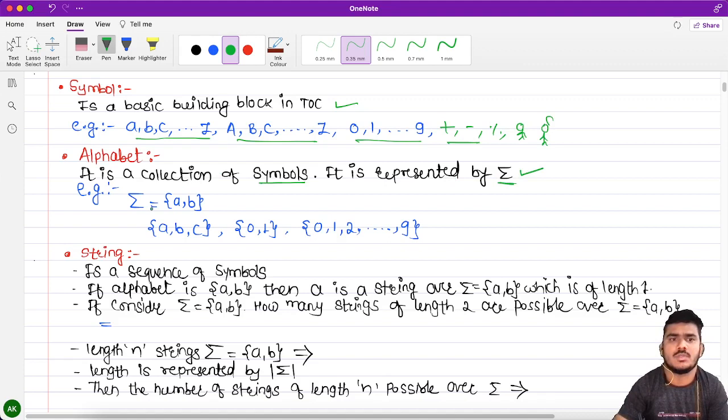Suppose here sigma equals a comma b, so I can say that the alphabet has a, b. Similarly, 0, 1 is also considered as an alphabet, and finally 0 to 9 is also considered as an alphabet.